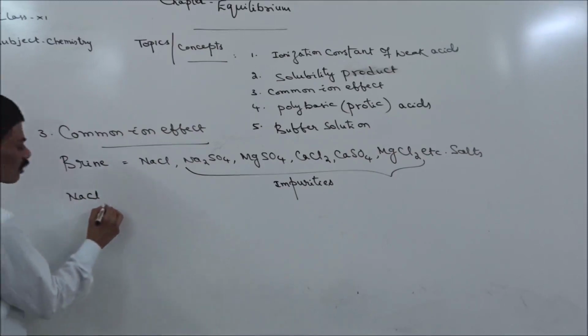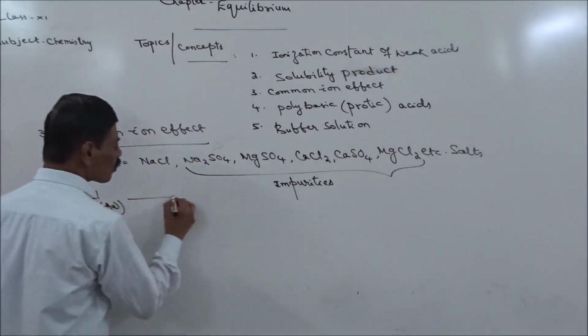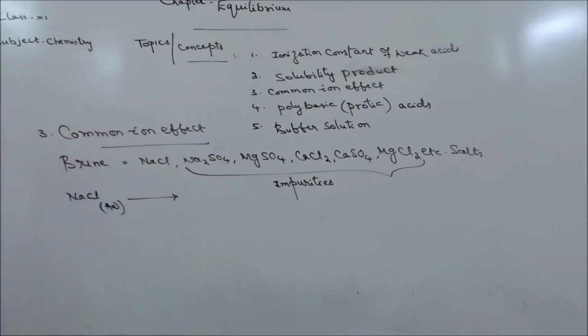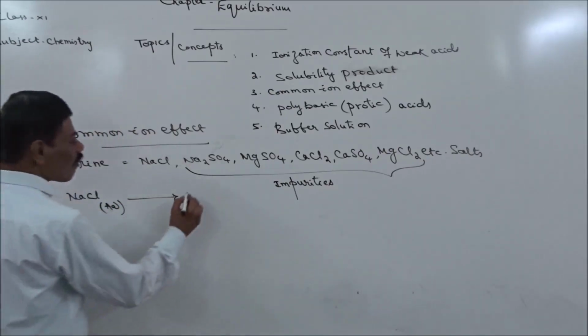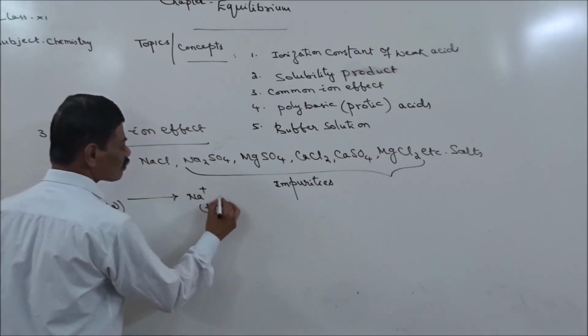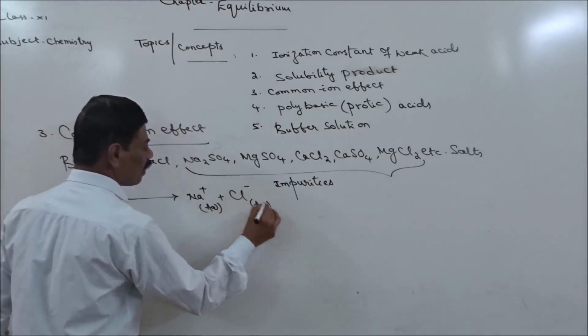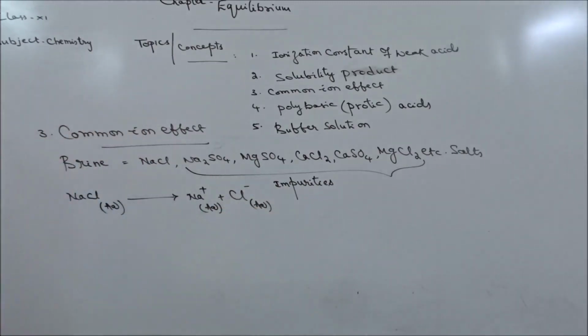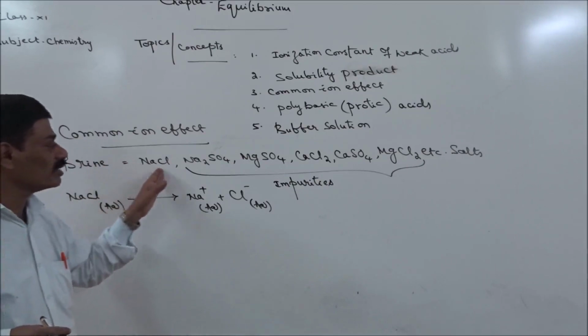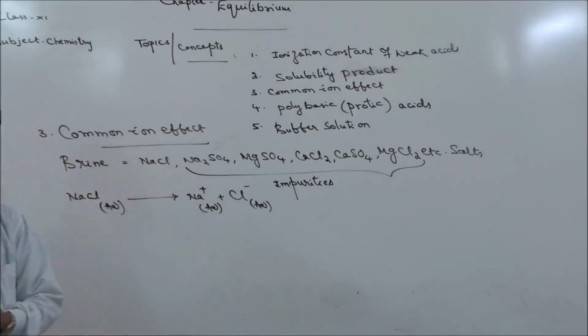Means you have to write here aqueous. Right? When this sodium chloride undergoes ionization, it forms sodium ions in aqueous form, and then chloride ions in aqueous form. Right? When sodium chloride undergoes ionization. Our focus is on sodium chloride. That's why I have written here sodium chloride.